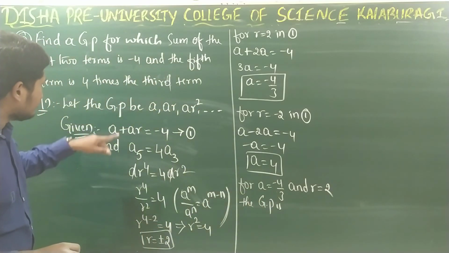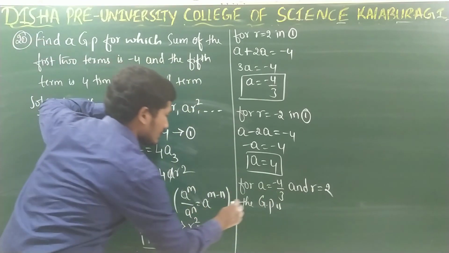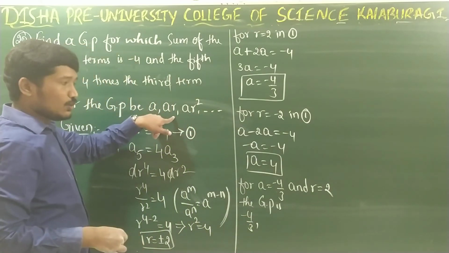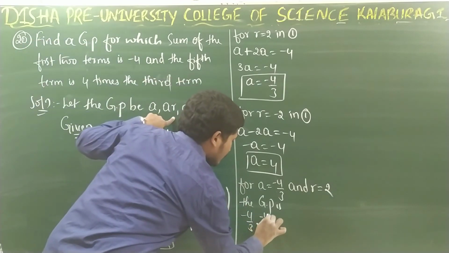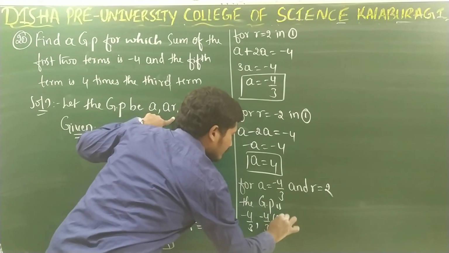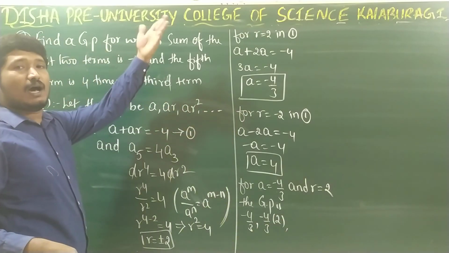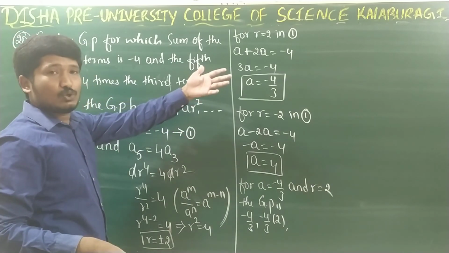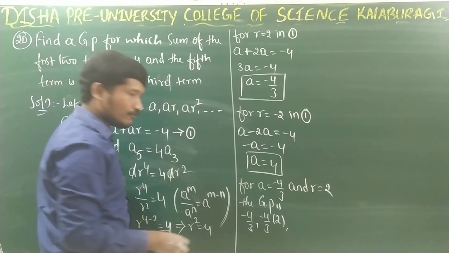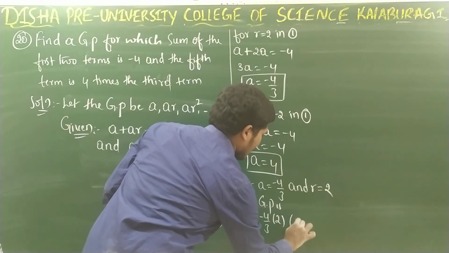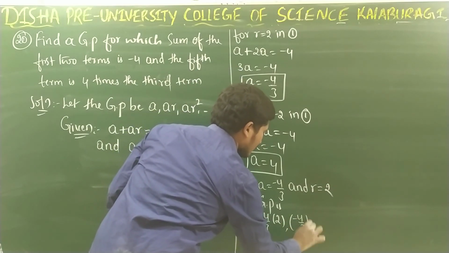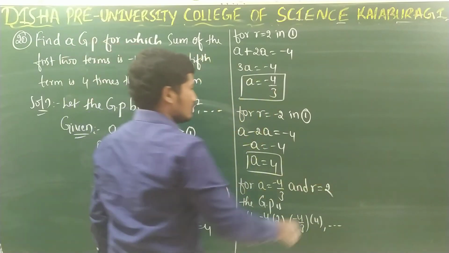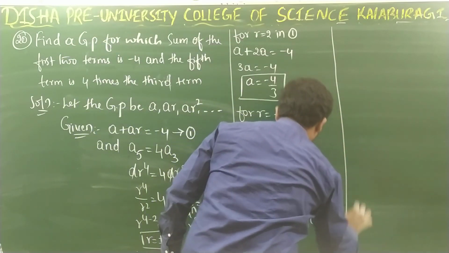First term a is minus 4 by 3, comma, a into r, minus 4 by 3 into 2, comma, a into r square. So r square is 2 square, which is nothing but 4. So minus 4 by 3 into 4, and so on.